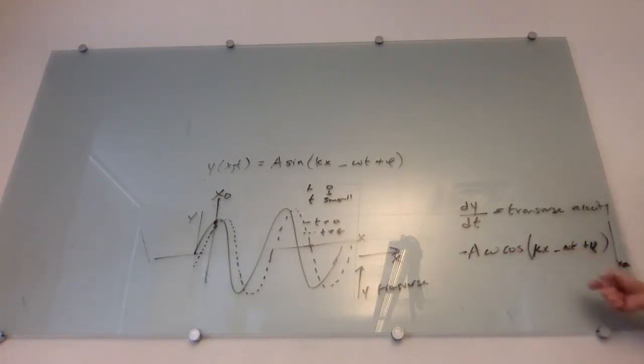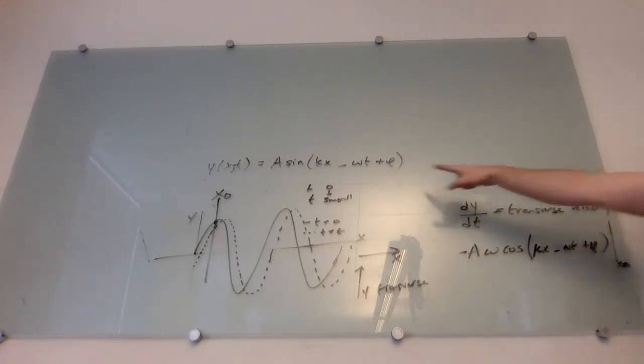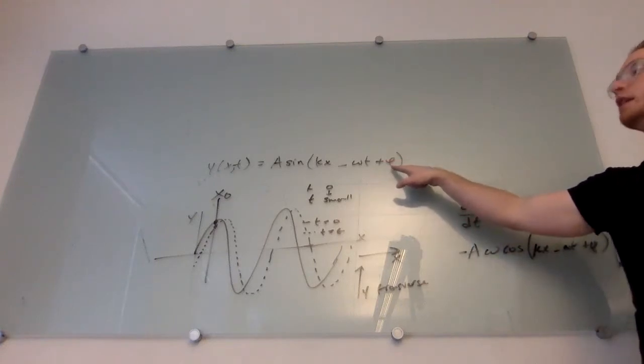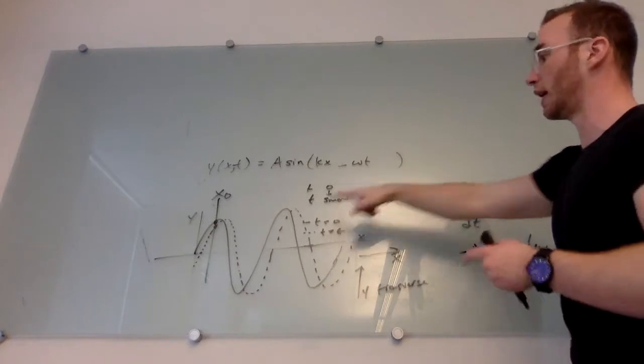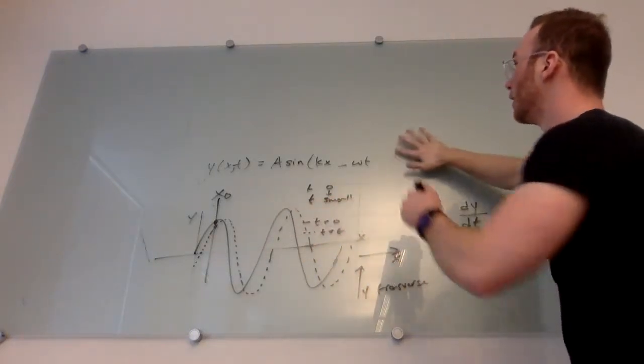If you had an explicit expression with numbers for everything, you could just plug in all the numbers, right? If you have a k as an exact thing, you should be able to plug it in. And if you had the wave value at t equals 0 and x equals 0, you could find phi. So let's say the wave is 0 at 0, which is what I tried to draw there. So that's 0.